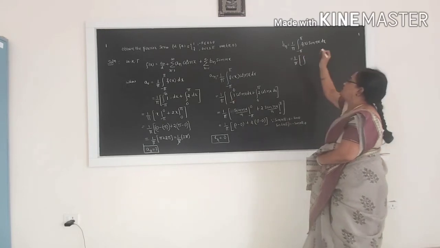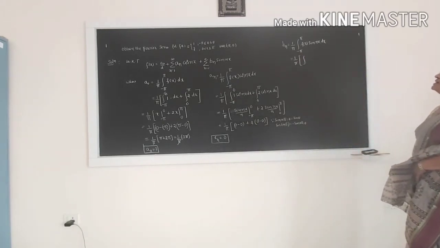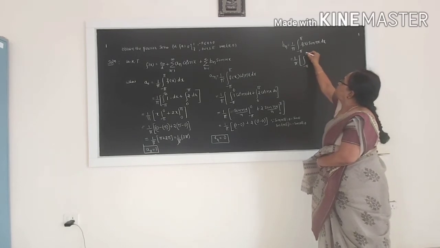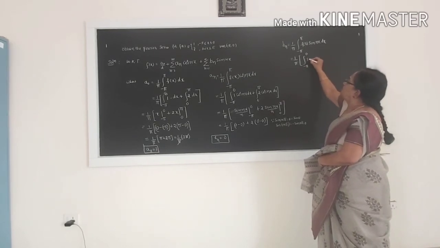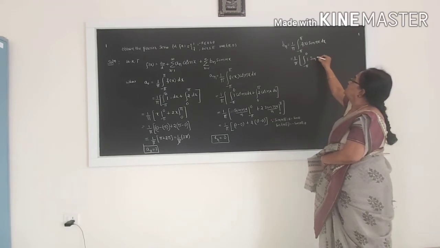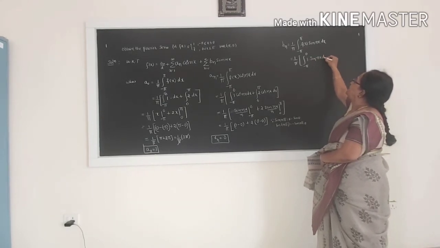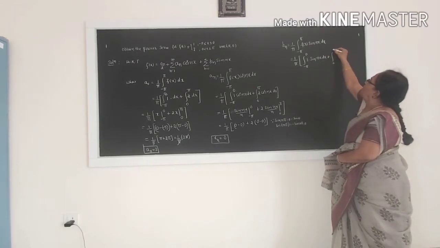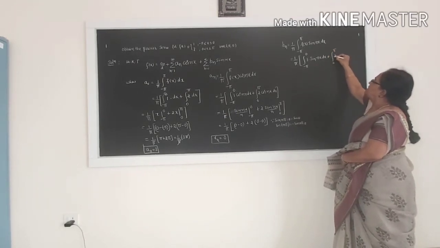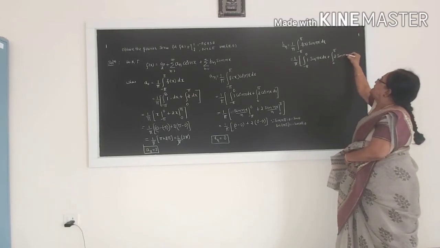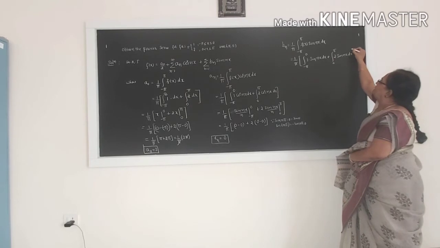Again for the same reason, I split the integral into 2 parts. One is from minus pi to 0. In that interval, the value of f of x is 1. Therefore, I write 1 here into sin nx into dx plus 0 to pi. In this interval, the value of f of x is 2. It is 2 sin nx into dx.